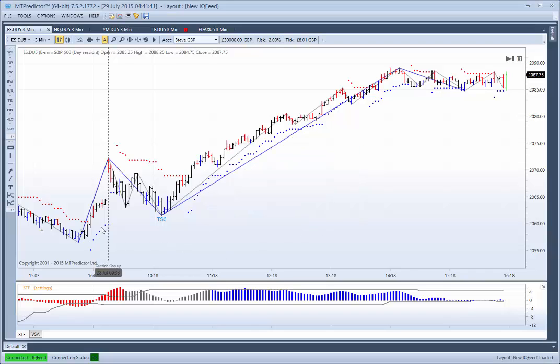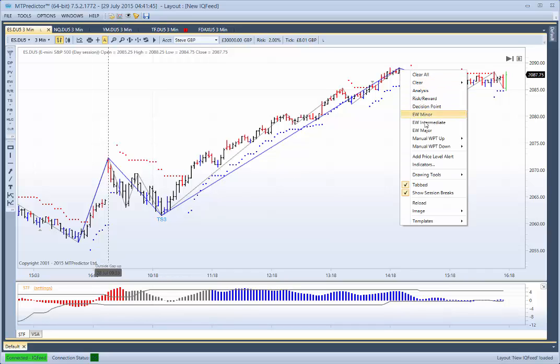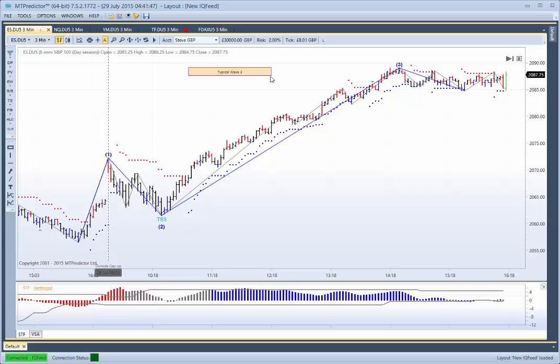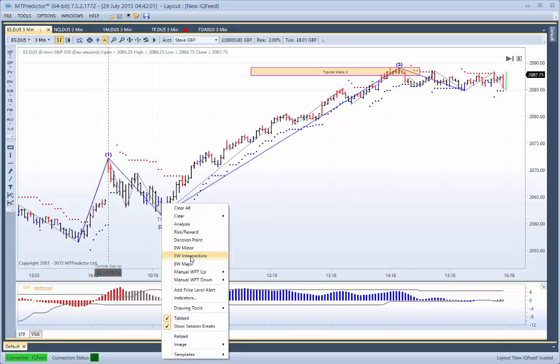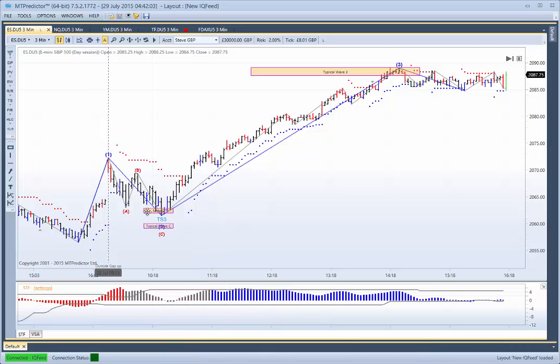If I come up to the top here, right mouse click, do Elliott wave major, you can see that the market actually made an initial rally. That would be considered wave 1, then an initial decline, but more importantly, this initial decline subdivides into an ABC. So I've actually put the Elliott wave pattern on here. You can see that was an ABC. This all comes into the area of a wave 2.